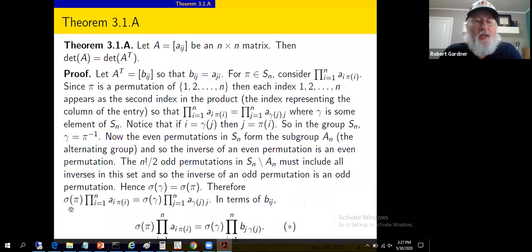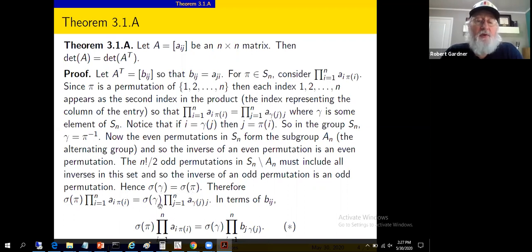So if we look at sigma of pi times the product from i equals 1 to n of a sub i, pi of i, remember we started with the product a sub i, pi of i, we just hadn't put the sigma out front. Let's put that out front now. That's the same as sigma of gamma, well, sigma of gamma is the same as sigma of pi.